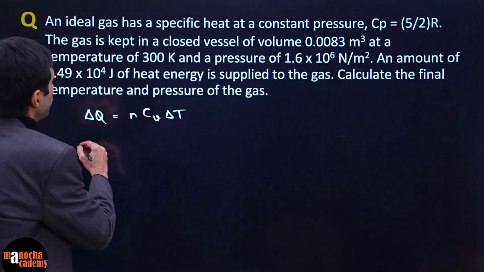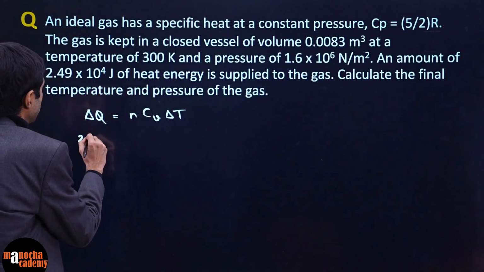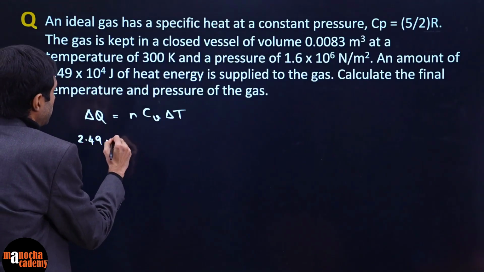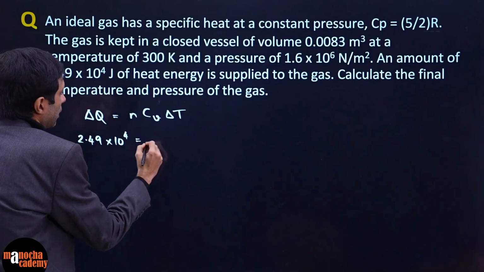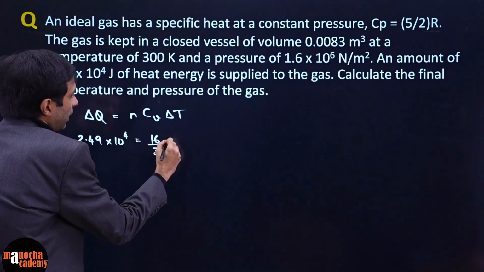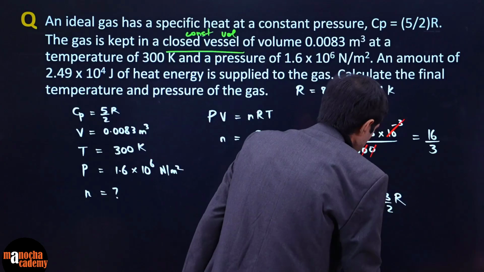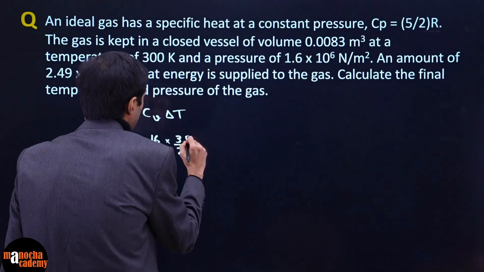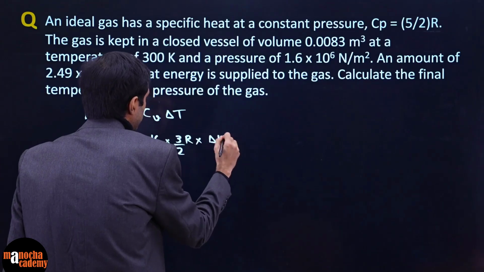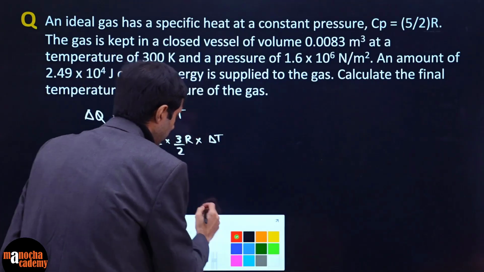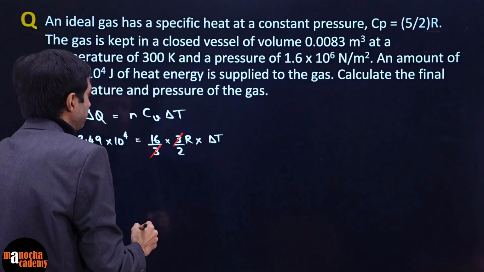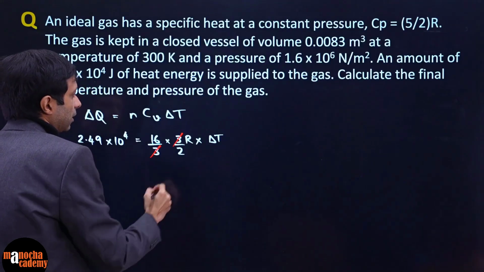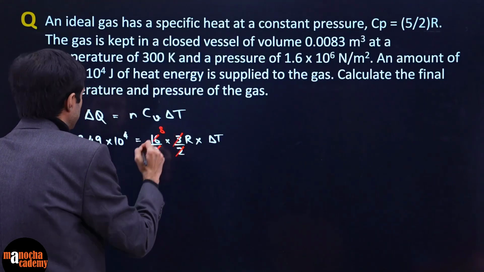Delta Q is given to us as 2.49 times 10 to the power 4 joules. Number of moles was 16 by 3. Cv, I think, was 3 by 2 times R times delta T. Okay, so you can see the 3 will cancel here. And these 2 8s are.